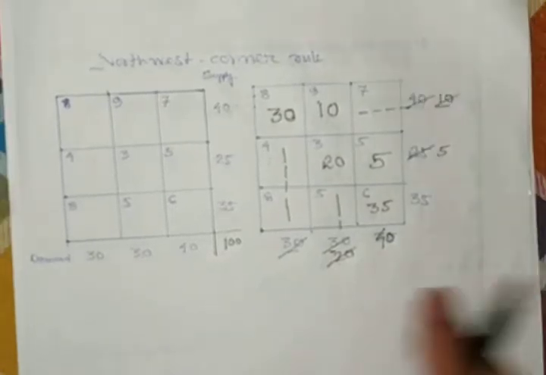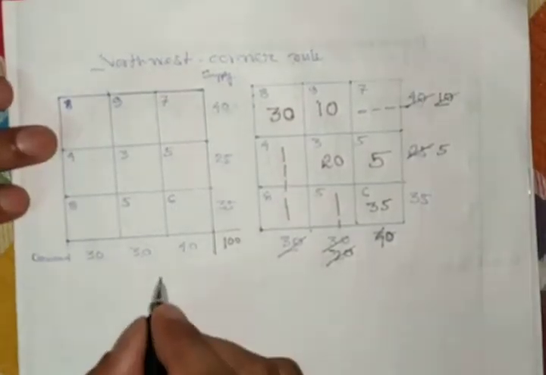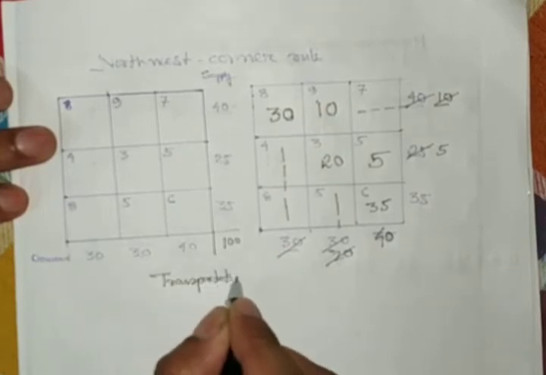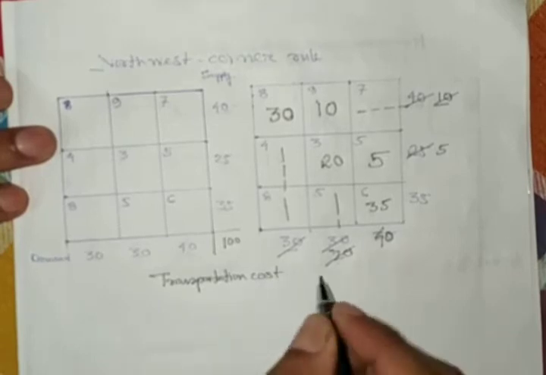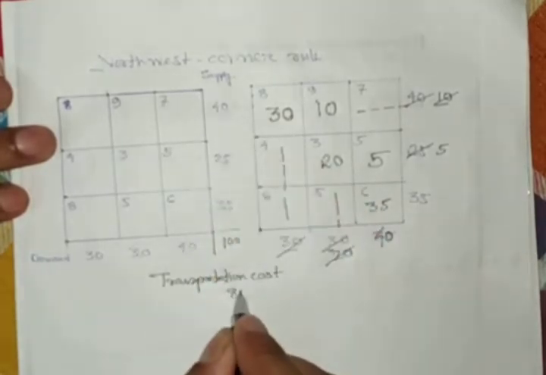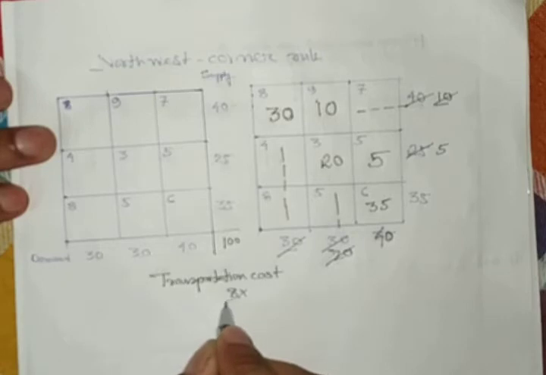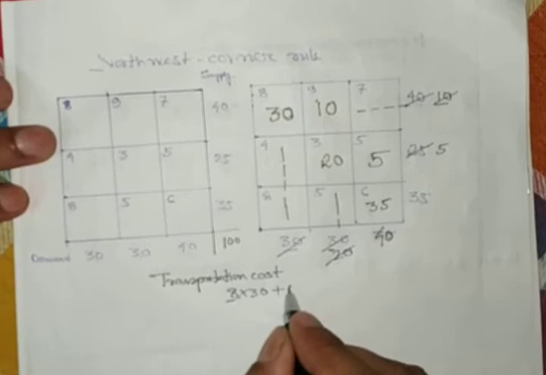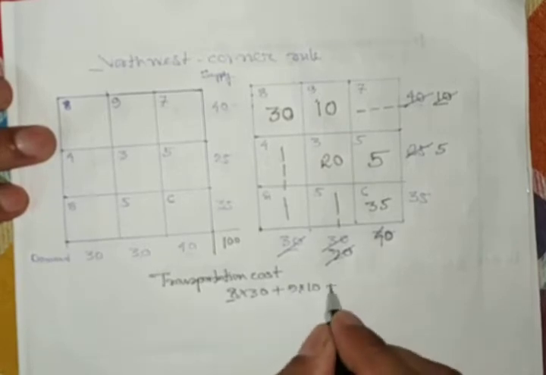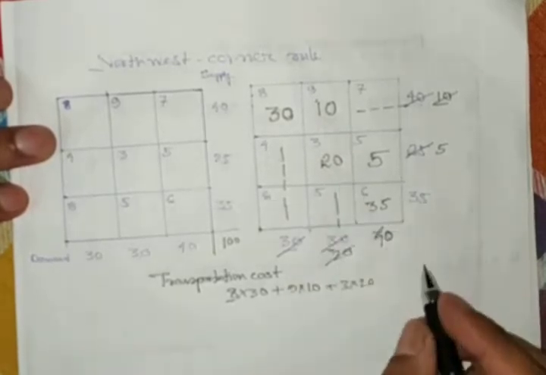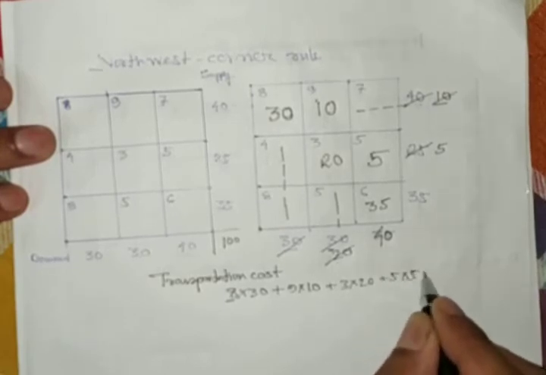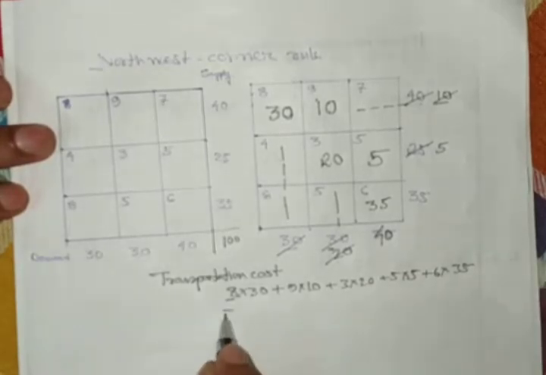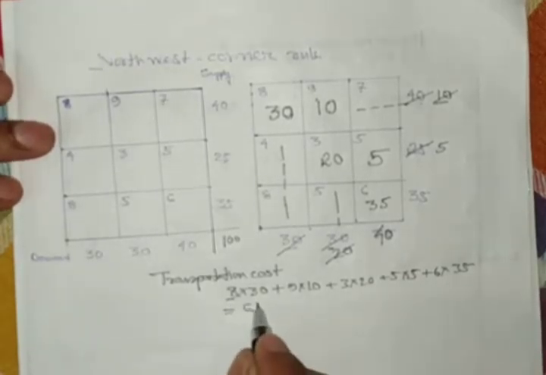If you want to find out the transportation cost, it will be 8 into 30 plus 9 into 10, similarly 3 into 20, then 5 into 5 plus 6 into 35, and after simplification you will get 625.